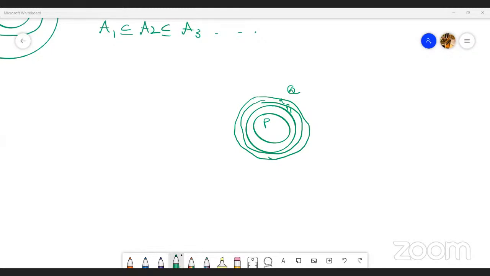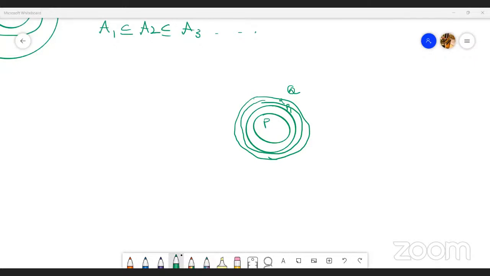This is a 5 marks question. What it says: if P is an ideal of ring R and it is a maximal member of the class of all annihilators. What do you mean by annihilator? The annihilator of A means the set of all x such that Ax equals 0.